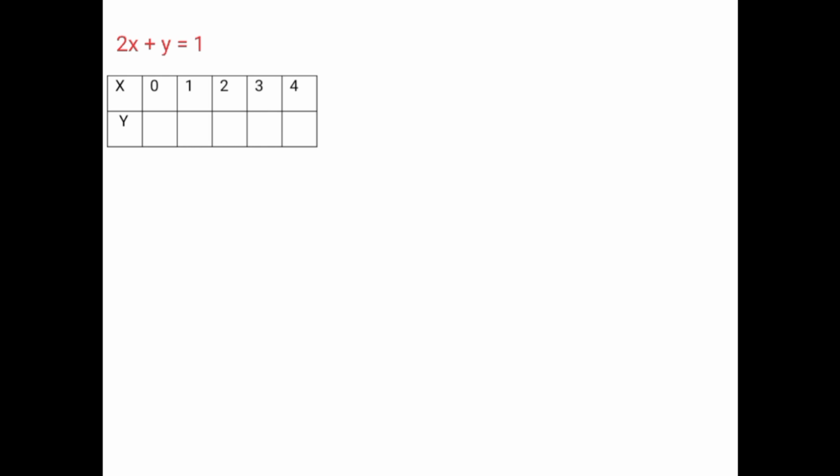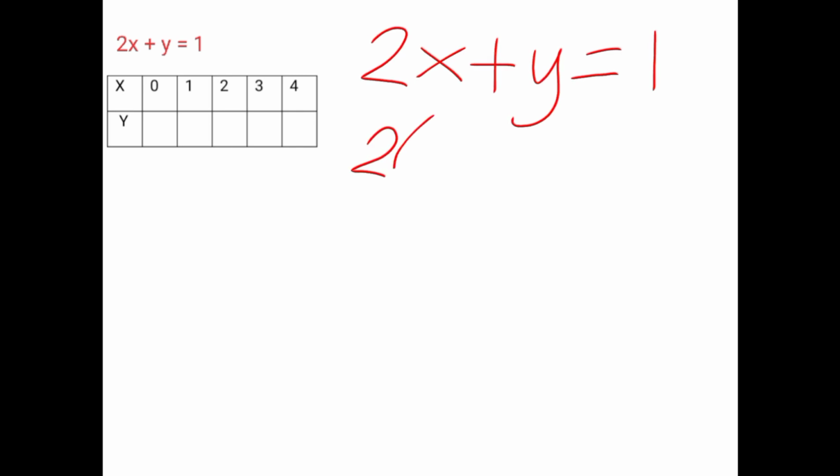How about in the form of a table? Same process. Let's have first x equals 0. For the linear equation 2x plus y equals 1, to find the value of y wherein x is 0, we substitute the value of x by 0.